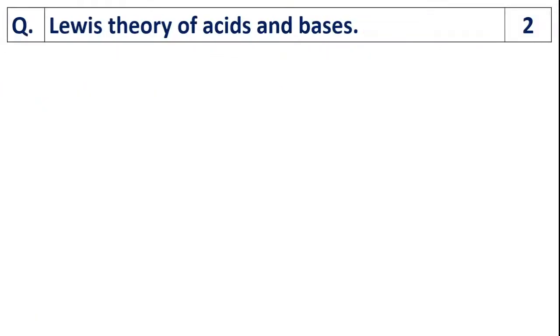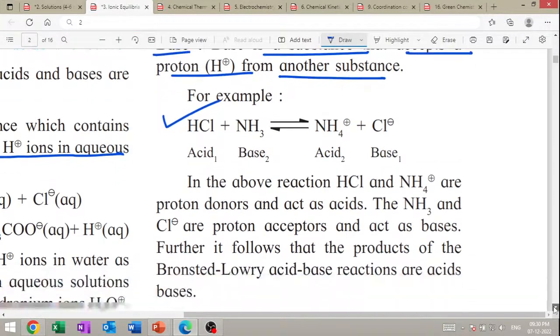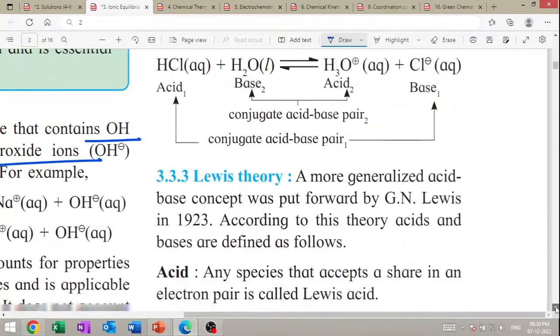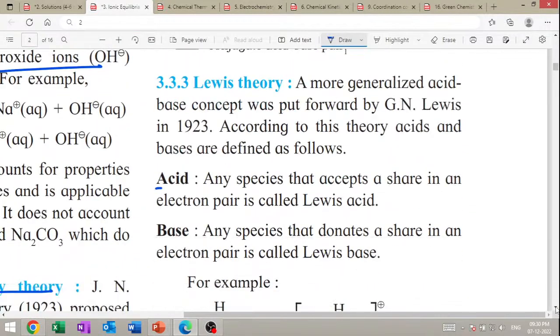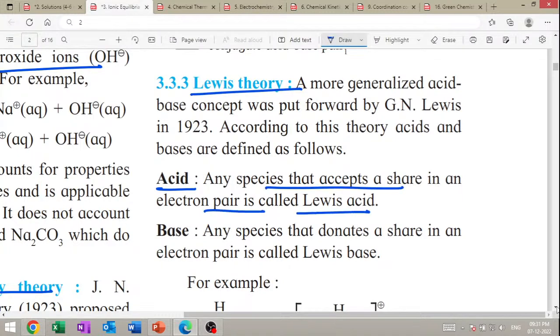Next is the Lewis theory of acids and bases, 2 marks. For Lewis theory, just define the acid, state the acid. Any species that accepts a shared electron pair is known as a Lewis acid.